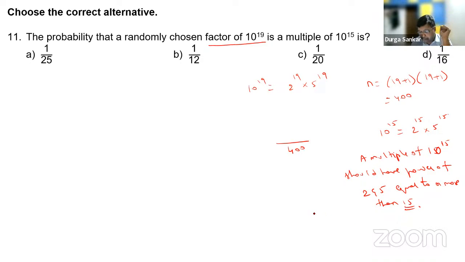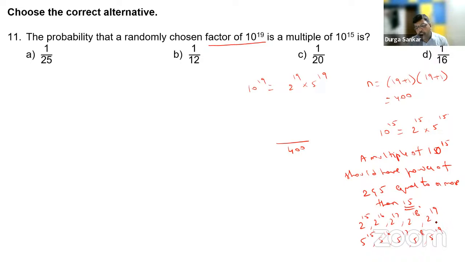Which means the power of 2 should be 2 power 15, 16, 17, 18 or 19. I can't go beyond because I am talking about a factor of 10 power 19. And the power of 5 should be 5 power 15, 16, 17, 18 or 19.